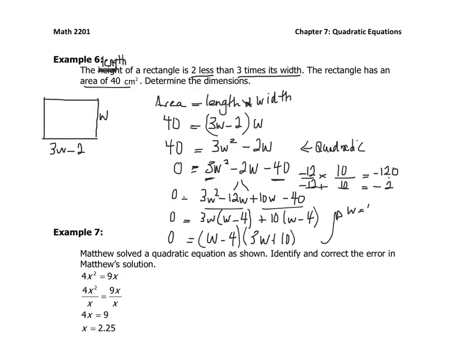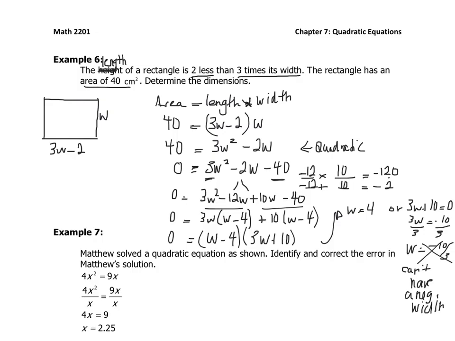Either w is 4, or 3w plus 10 equals 0, so 3w equals negative 10 and w equals negative 10 over 3. But of course this would have to be rejected because you can't have a negative width. So the only solution is that the width would have to be 4 centimeters.